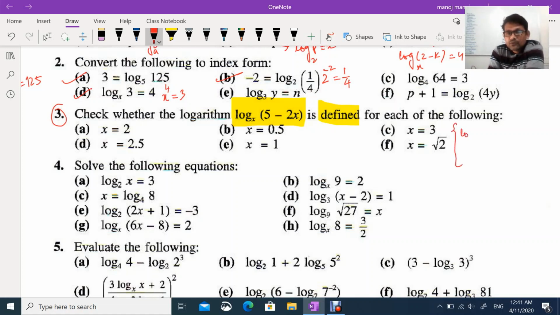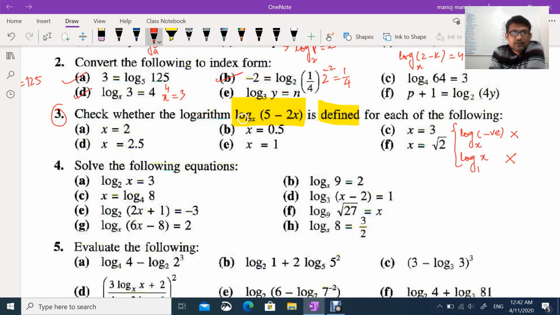Log with whatever the base is, this should not be a negative value, first of all. Second, log with base 1 and whatever the value, suppose x or y, is also not defined. These two conditions we cannot use. We consider them as undefined values.